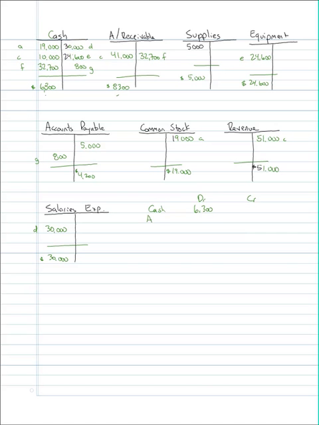Accounts receivable has an $8,300 debit balance. Supplies has a $5,000 debit balance. Equipment has a $24,600 debit balance.